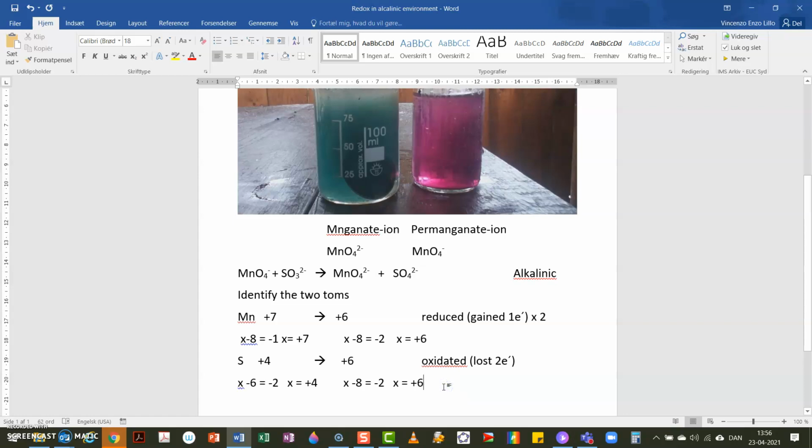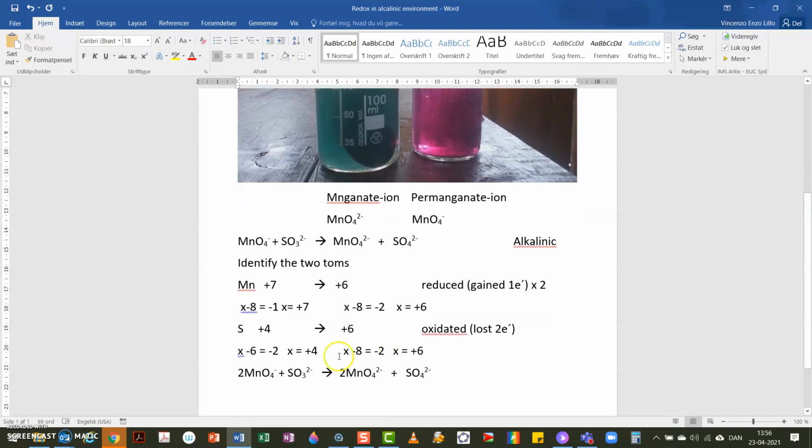So that means that we now can balance for electrons by putting a 2 in front of the manganese. Because each manganese gets 1 electron, and each sulfur gives 2 electrons away. So it takes 2 manganese to get the 2 electrons from the sulfur.